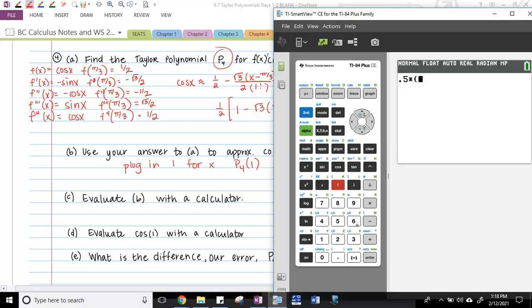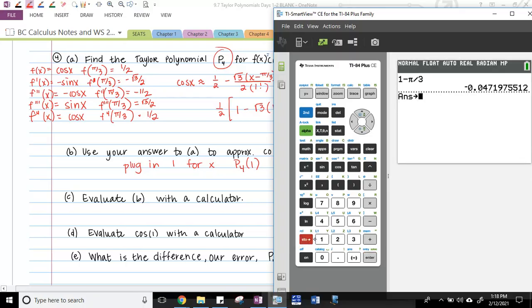So factor out a 1/2 from there, I get 1 minus square root of 3 times, actually, there is a nice trick here. I don't want to keep typing 1 minus pi over 3. 1 minus pi over 3 is 2 pi over 3. I don't want to have to type that. You can say 1 minus pi over 3 is this.